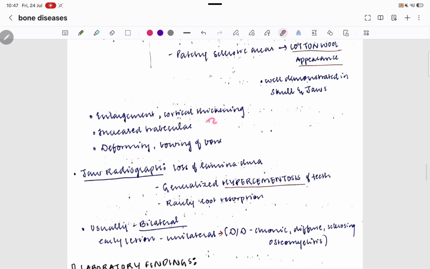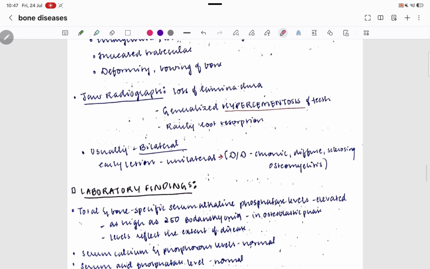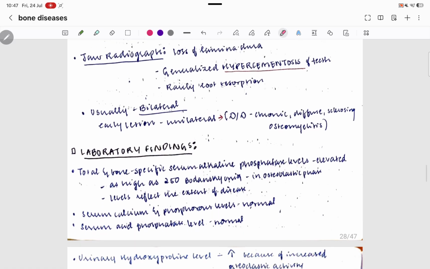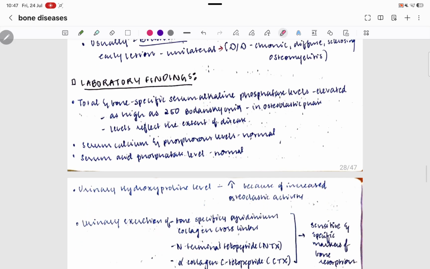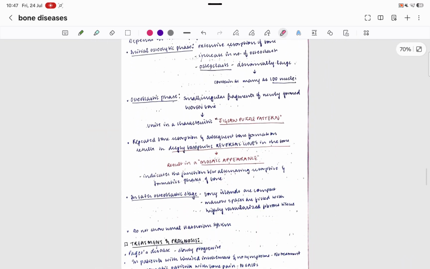Okay, then enlargement of the cortical plate is seen, cortical thickening, increased trabeculae, deformity, and bowing of the bones, and generalized hypercementosis of teeth is seen. Then it is usually bilateral. Early lesions are unilateral. Now coming to laboratory findings.